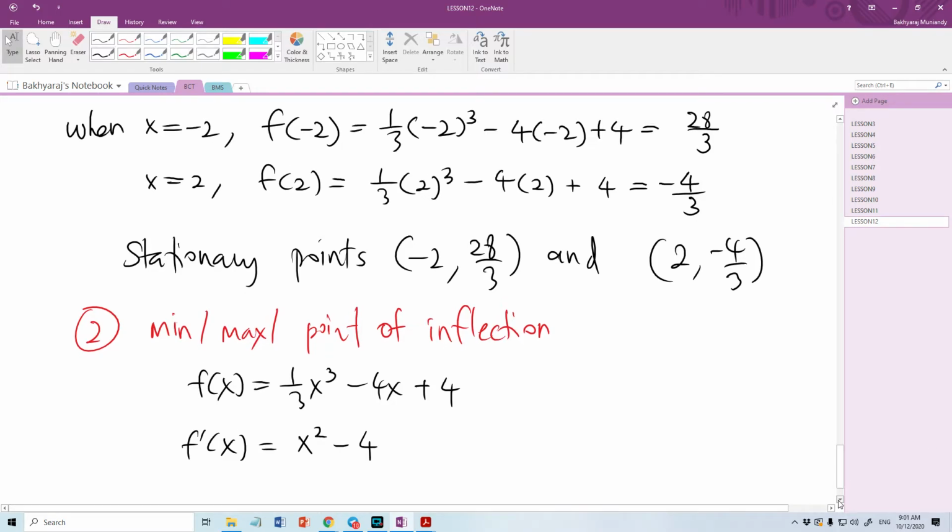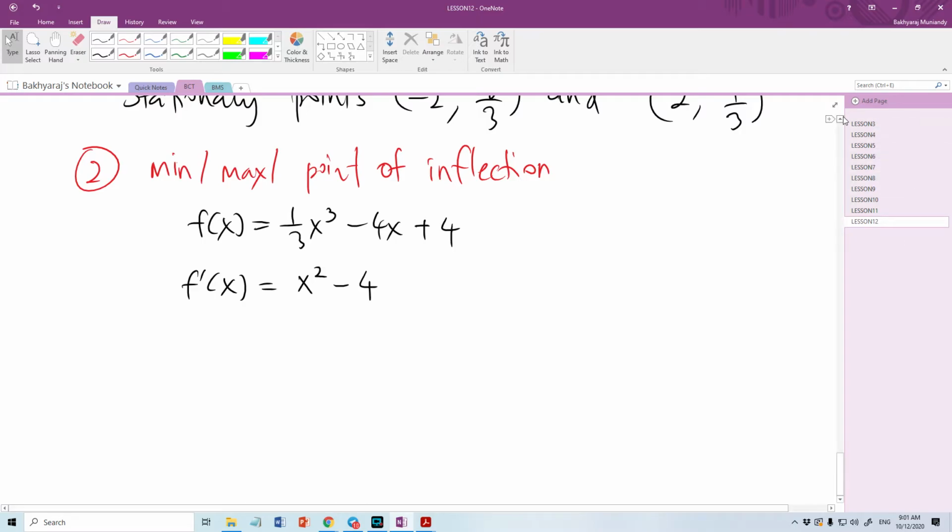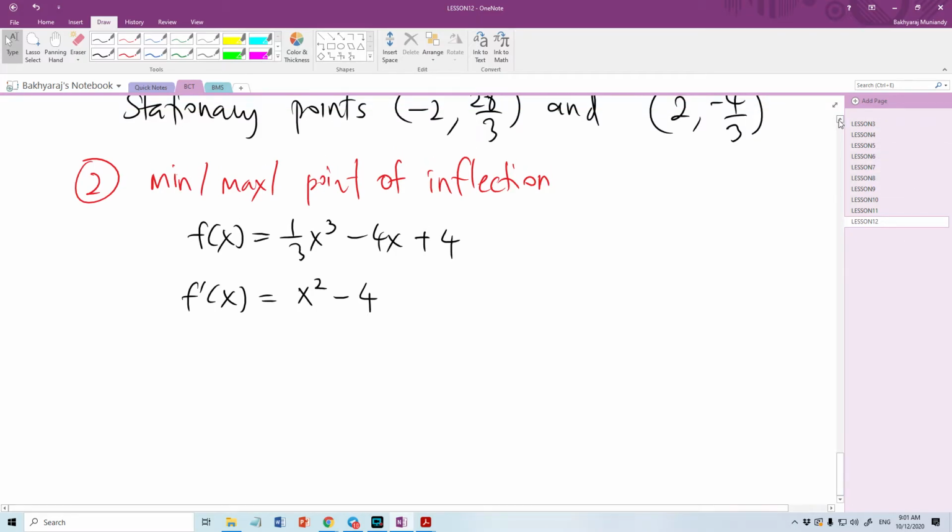Now you need to get the second order. The second order will be equals to 2x. Very good. Okay, kita dapat ni. Tadi you dapat value when you differentiate, 4 positive, negative 4 negative. But this time you get a function.